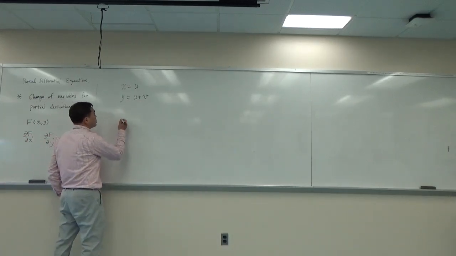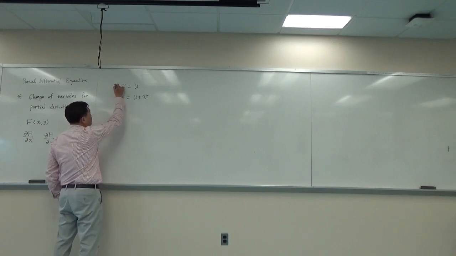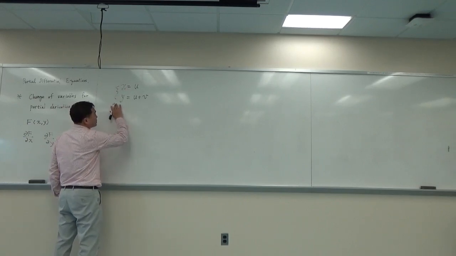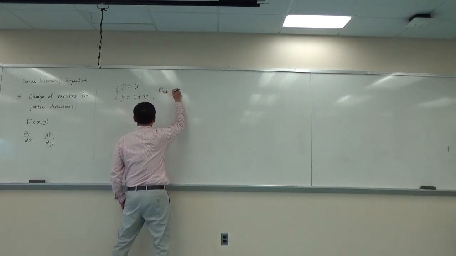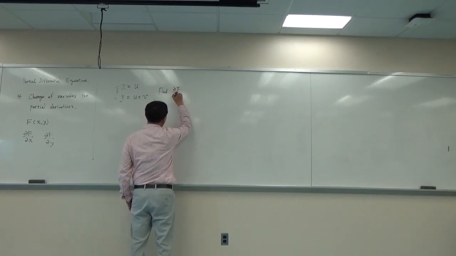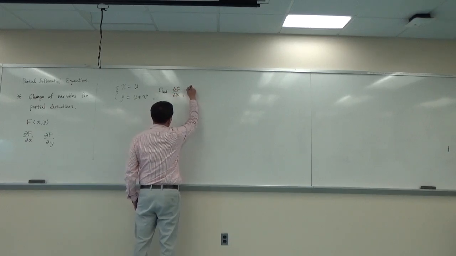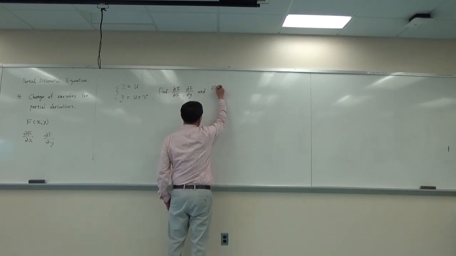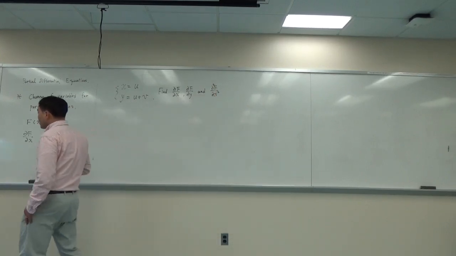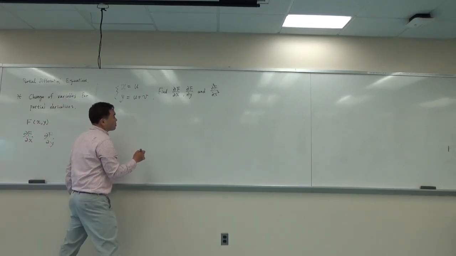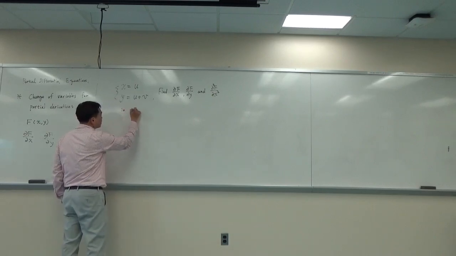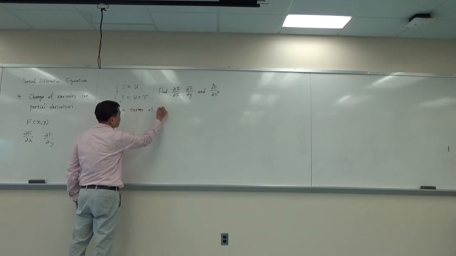So, let's say this is given, and the question is find partial of f with respect to x, partial of f with respect to y, and also partial of f with respect to x twice, in terms of u and v.